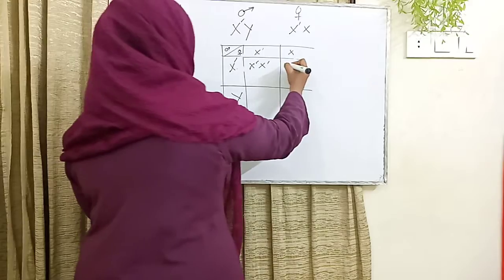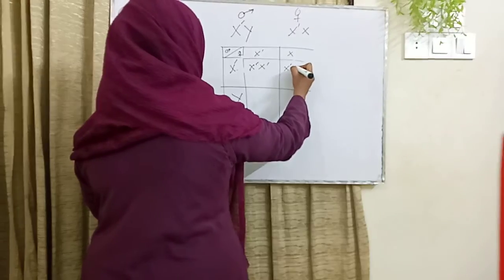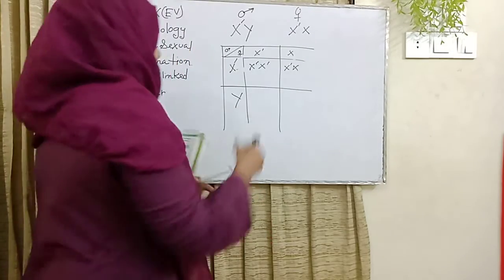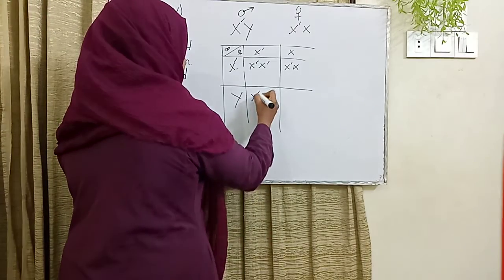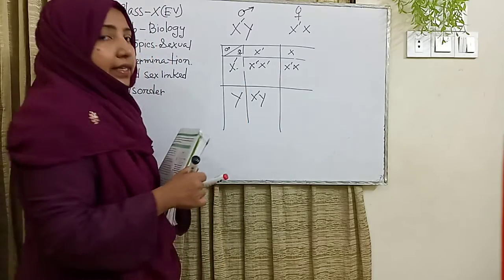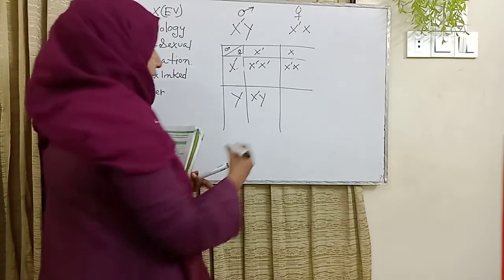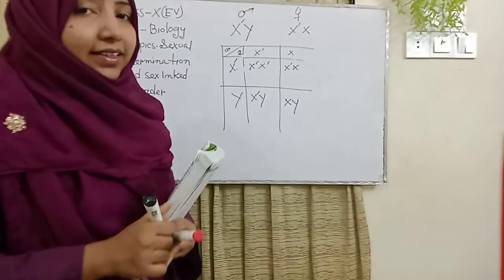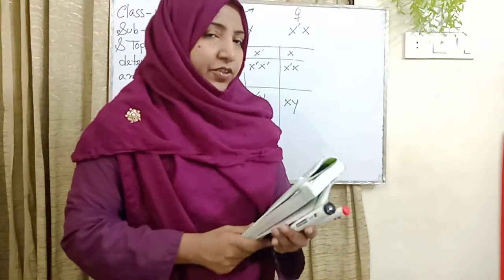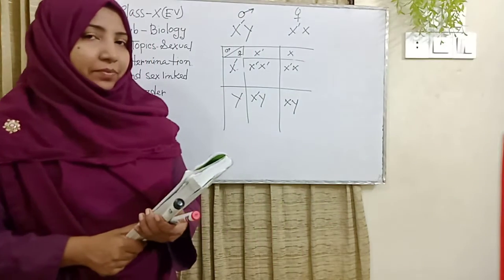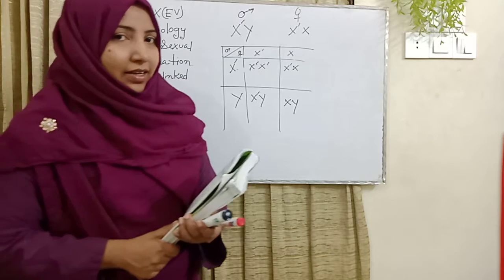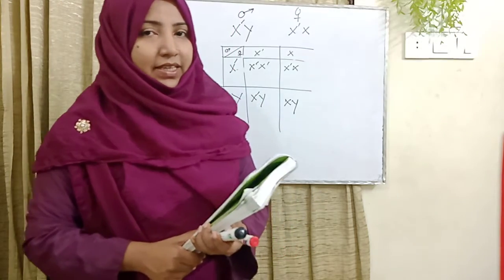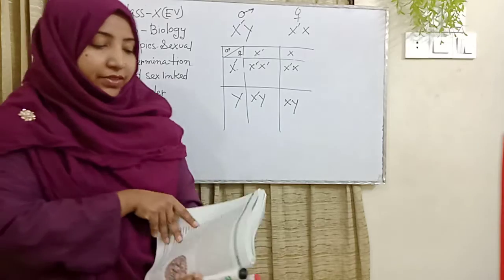X prime and X, they are only carriers. X prime and Y, they are affected, and X and Y, they are healthy babies. Dear students, another name for the Punnett square is the checkerboard.